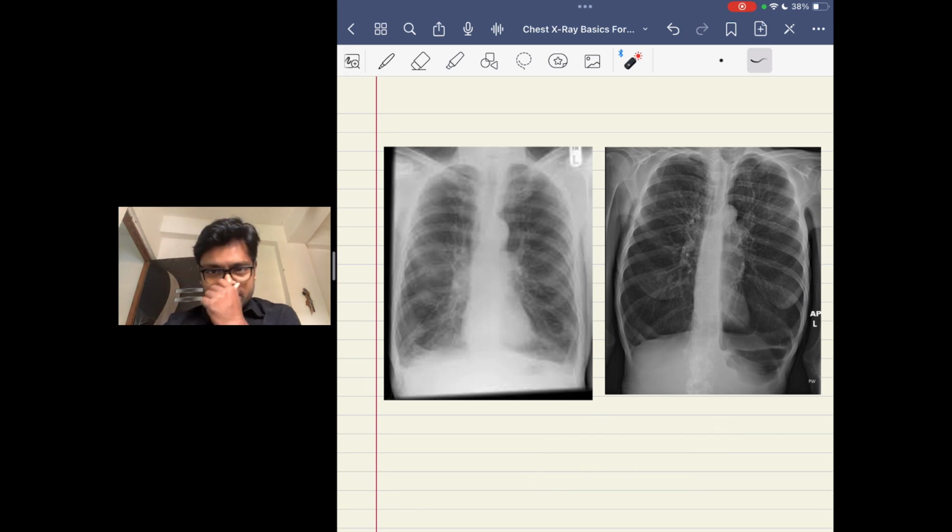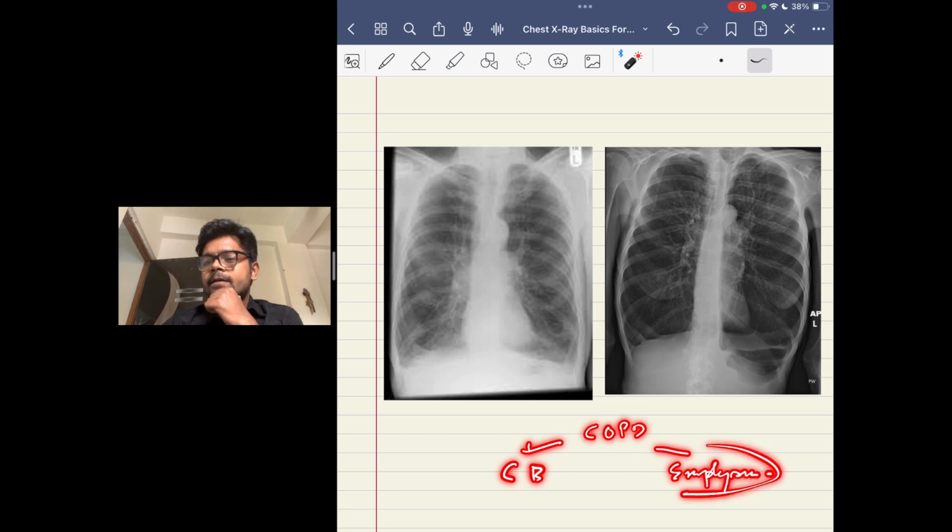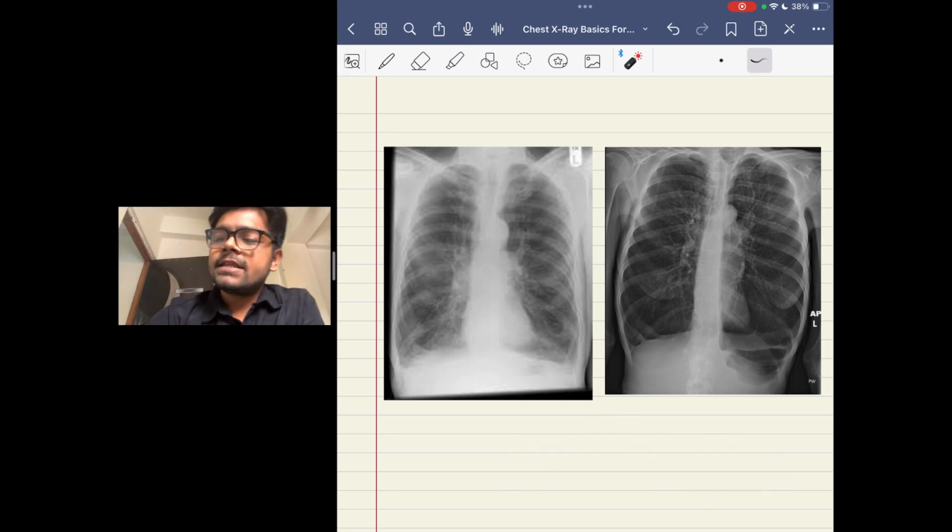Asthma and COPD are both obstructive airway diseases. In COPD, you have two types, chronic bronchitis and emphysema. In emphysema, the important thing is air trapping.